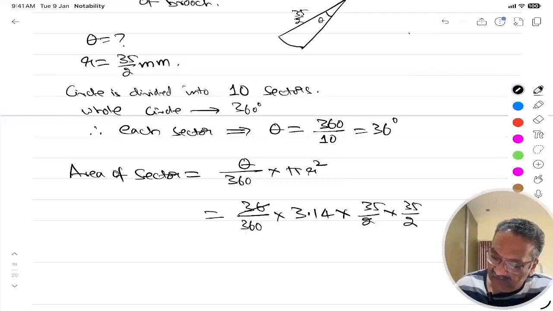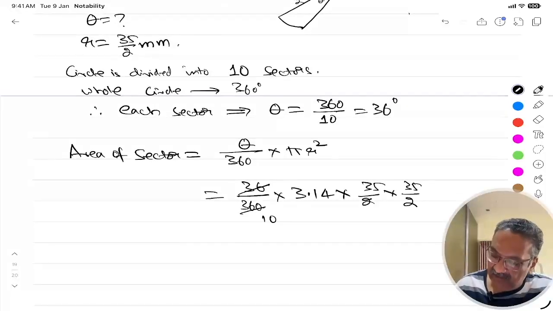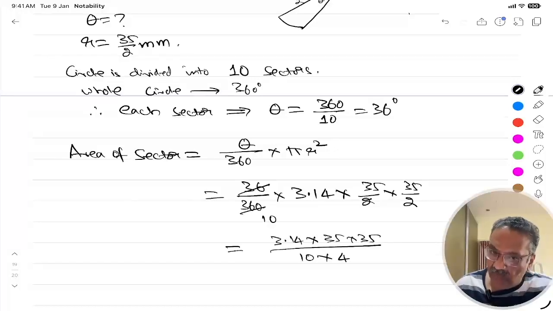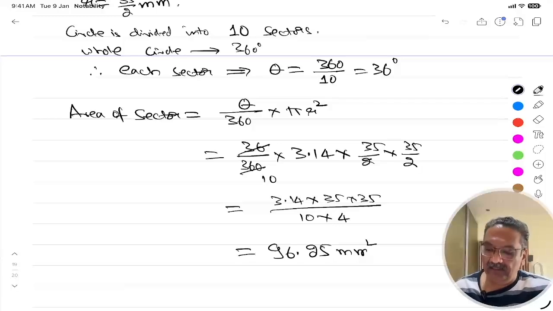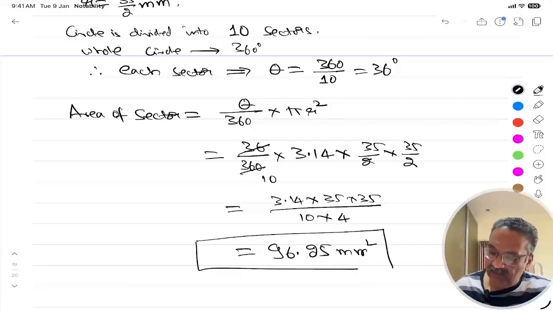This is equal to 3.14 into 35 into 35 by 10 into 4. If you solve this, you will get about 96.25 mm square, which is the area required. Alright. So this is the answer for the second portion.